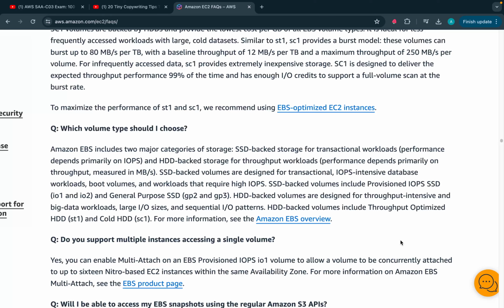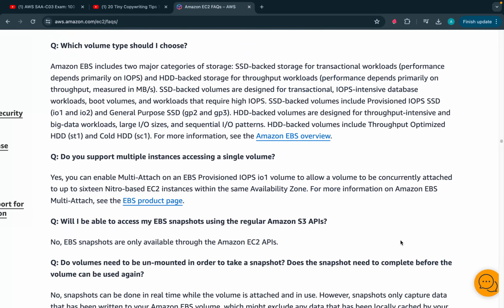SSD backed volumes include provisioned IOPS SSD and general purpose SSD. HDD backed volumes are designed for throughput intensive and big data workloads, large IO sizes, and sequential IO patterns. HDD backed volumes include throughput optimized HDD and cold HDD. For more information, see the Amazon EBS overview.